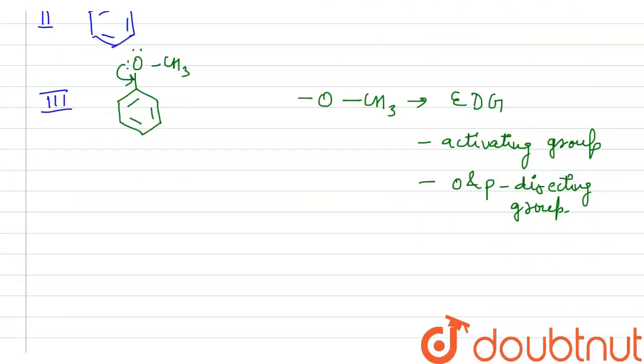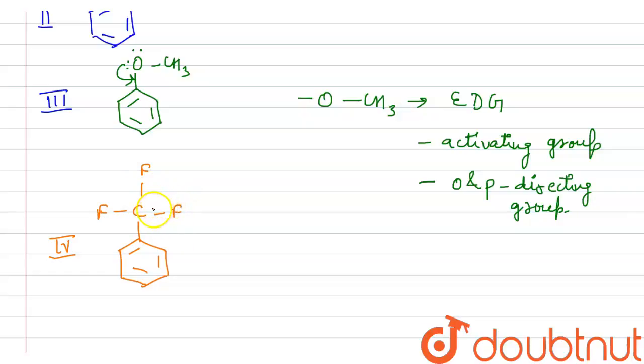Now the fourth compound given here is the benzene ring with the CF3 group, right? CF3. This carbon has 3 fluorine atoms attached to it. As we know, fluorine is a highly electronegative atom.